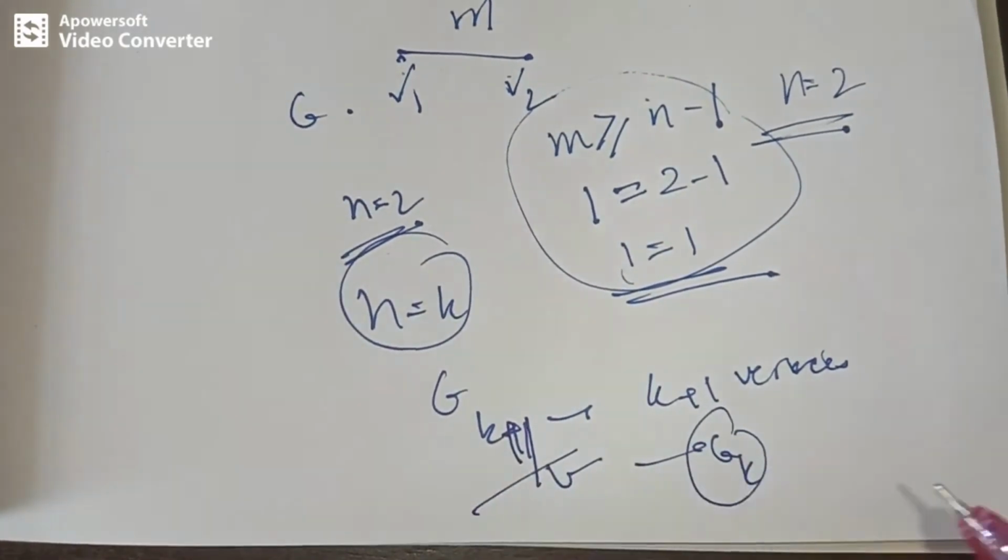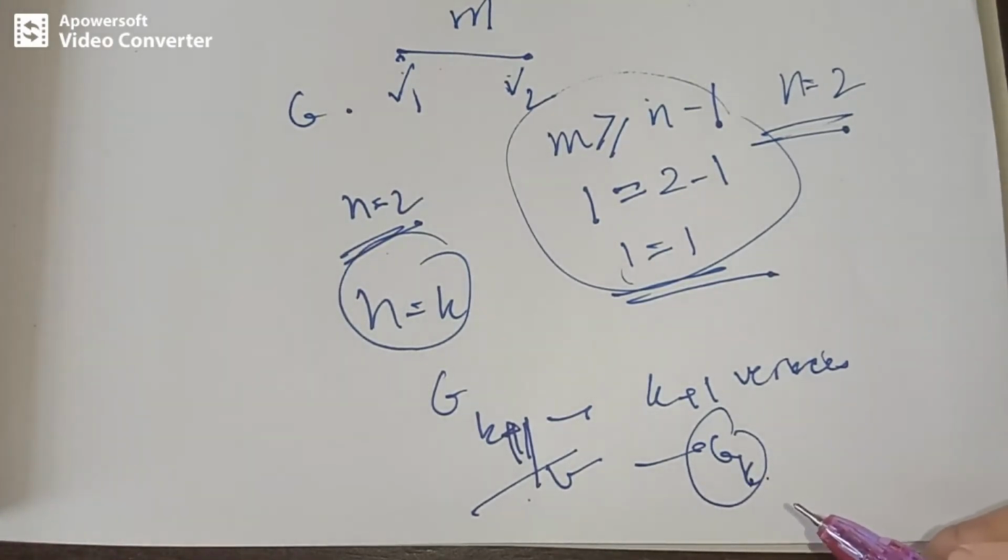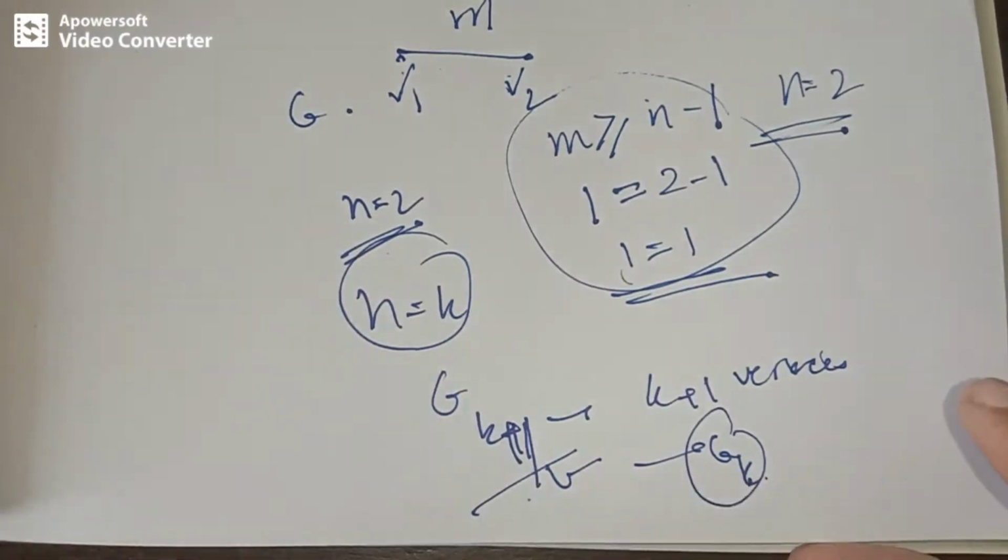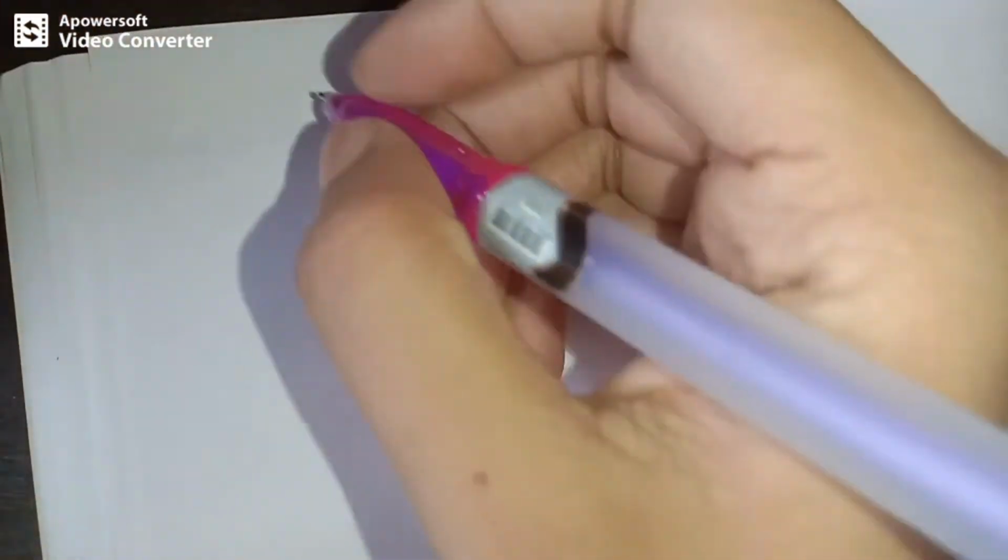We delete one edge from G k plus 1 and get the graph Gk, for which v is the end vertex. Then Gk is a connected graph with k vertices. Now let mk denote the number of edges in graph Gk.